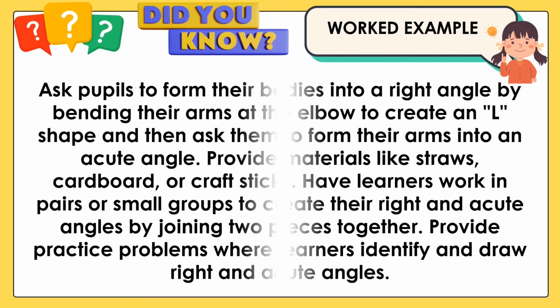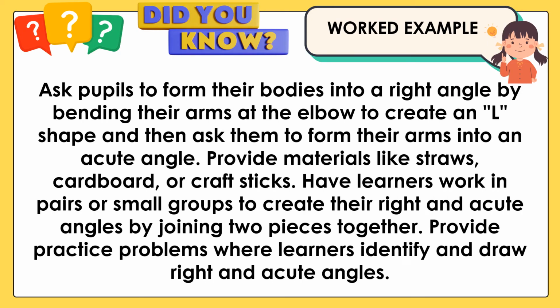So this time, let's have this. Ask pupils to form their bodies into a right angle by bending their arms at the elbow to create an L shape. And then, ask them to form their arms into an acute angle.